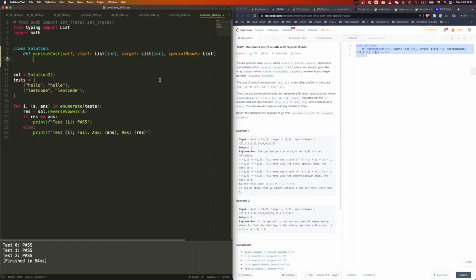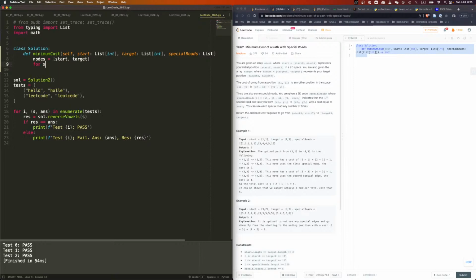So it's going to be Dijkstra, but we have to know the nodes. The nodes will be: we have a start and a target, these are the two nodes, and then for each special road, x1, y1, x2, y2, and cost.